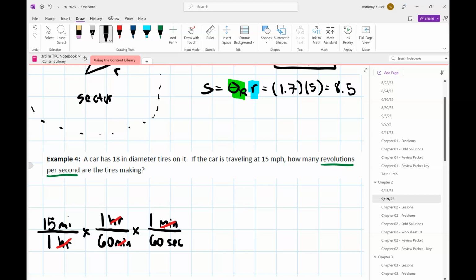Now, here's the trickier piece. How am I going to go from miles to revolutions? So, one circumference is going to equal 1 revolution, right?